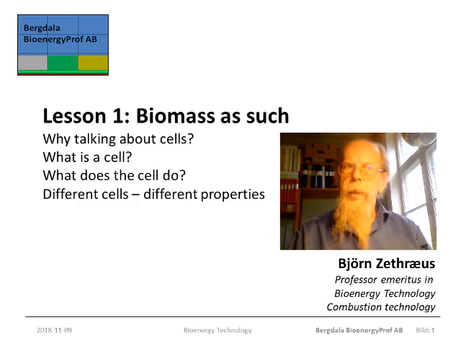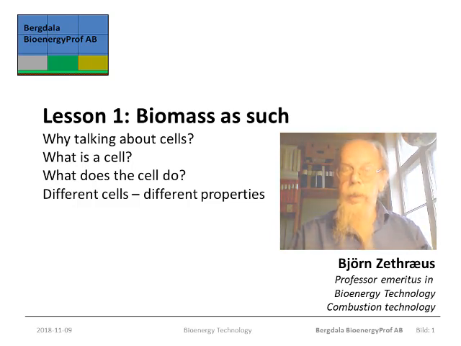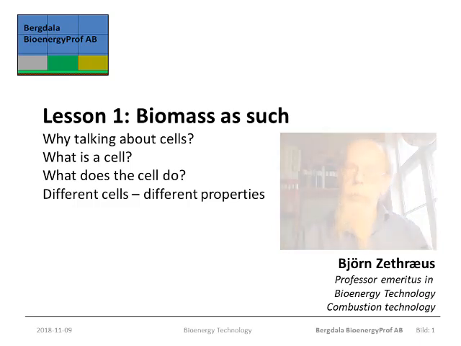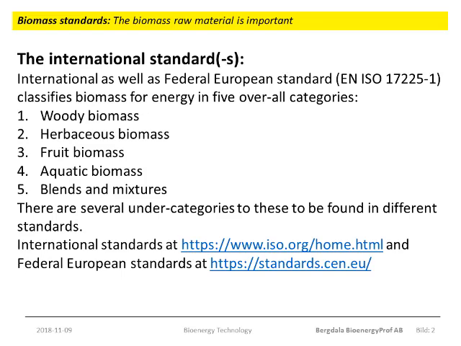So the plant cells and their properties play a fundamental role as biomass for energy is concerned, and you need to understand a little bit about that to understand the fundamental properties of the biomass. You will recognize that from the second introductory nugget to the course.